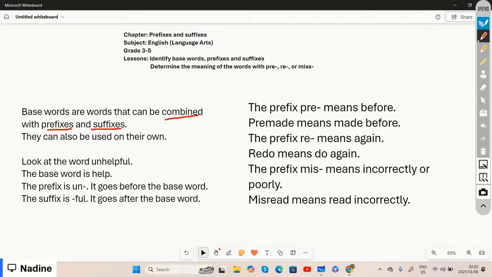So now we're going to look at a few words where we had a base word and we added the prefixes and suffixes. And then we can look at a few sentences. Not even sentences, we can look at words and then go into A plus students.ca.